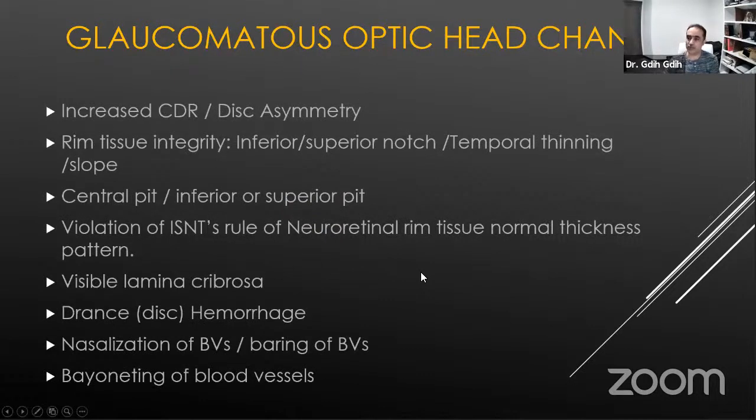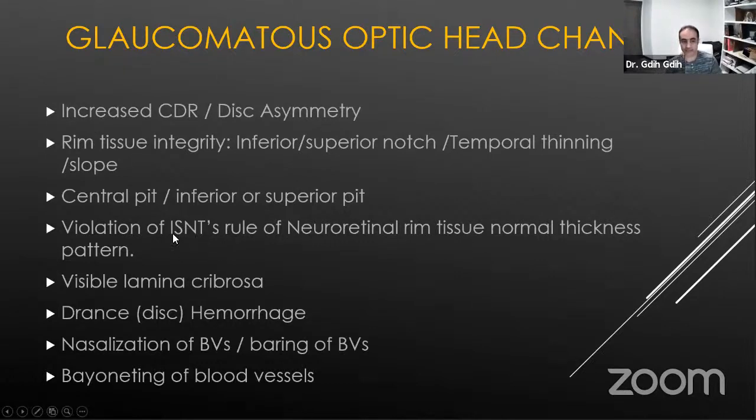Now, since we said glaucomatous optic neuropathy, let's see what these glaucomatous optic neuropathies are. Increased CD ratio or disc asymmetry, rim tissue integrity. If you have an inferior or superior notch, temporal thinning or slope, a central pit or inferior or superior optic nerve pit, or a violation of the ISNT rule.